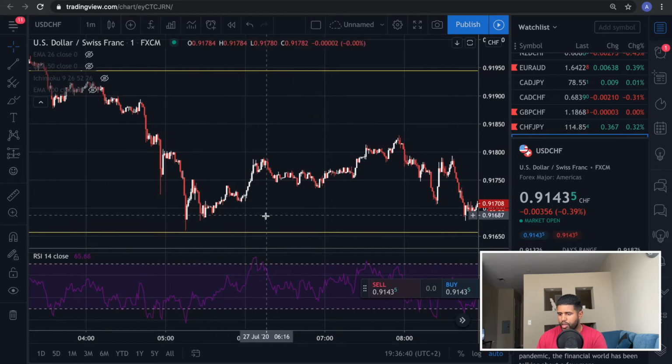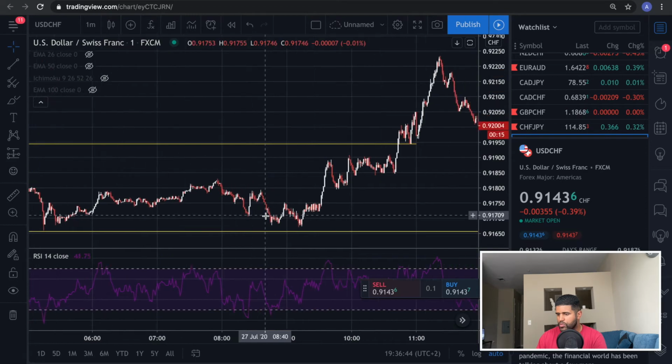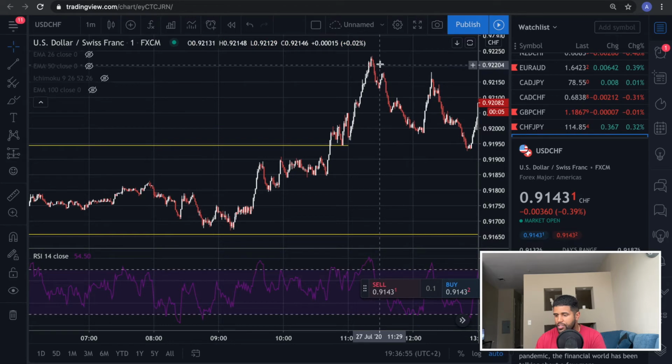So it hits right here, right? Moves. Now, another thing y'all could do, y'all could come back in right here, because once it breaks through back here, 90% of the time it's gonna go up at least 20 to 30 pips.